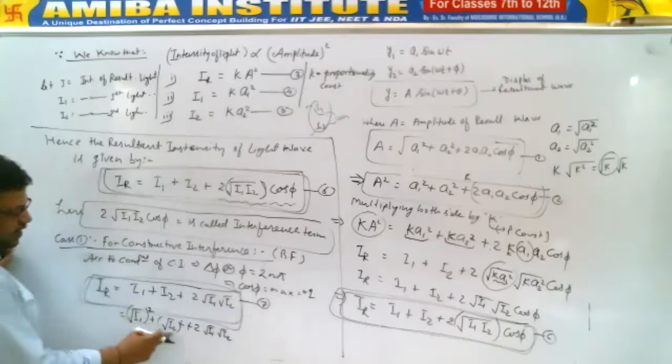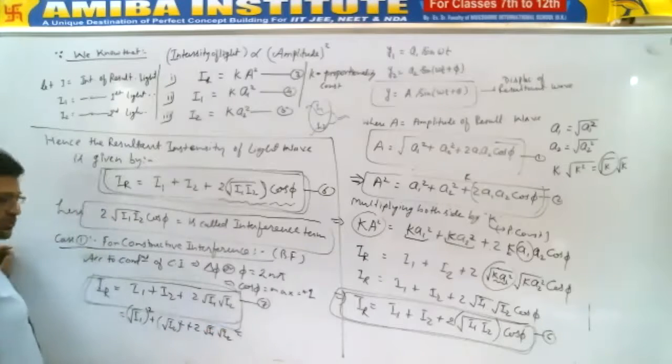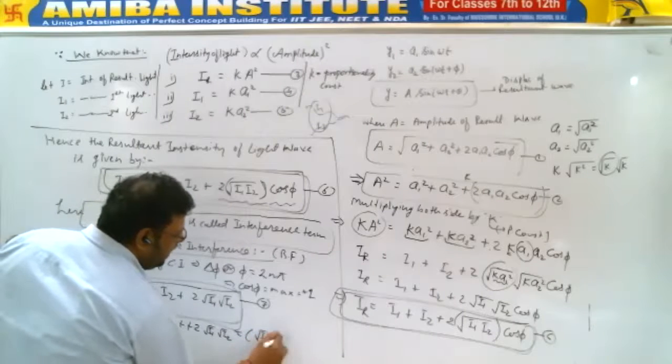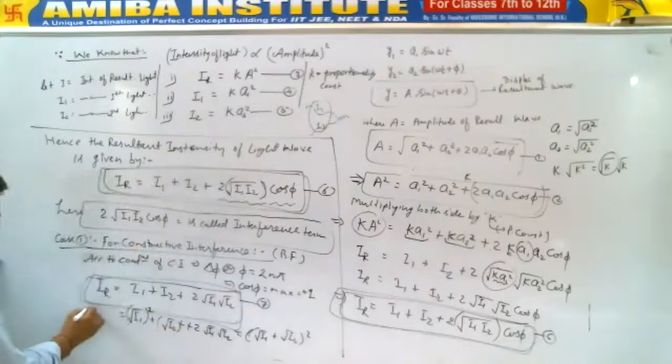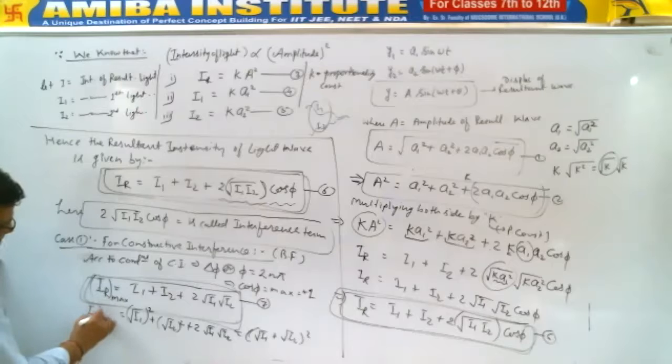So this is a square plus b square plus 2ab, which will be a plus b whole square. So what should I write? Under root I1 plus under root I2 whole square. So this is what? IR max, the maximum resultant intensity.